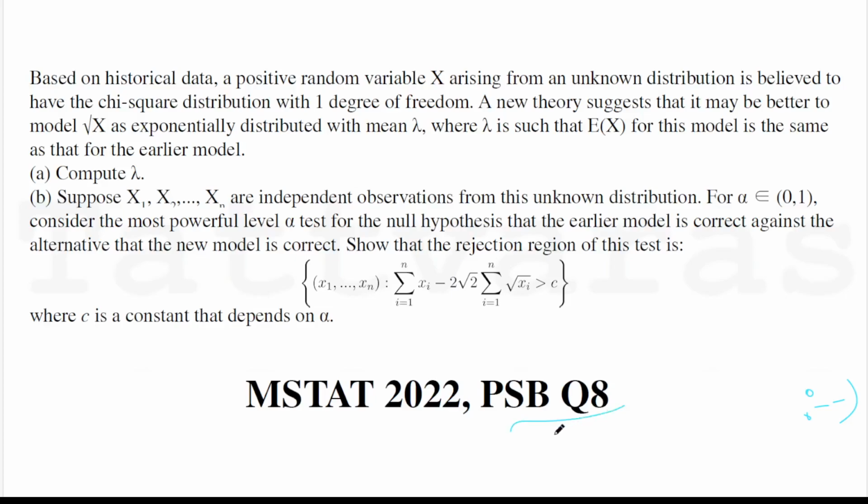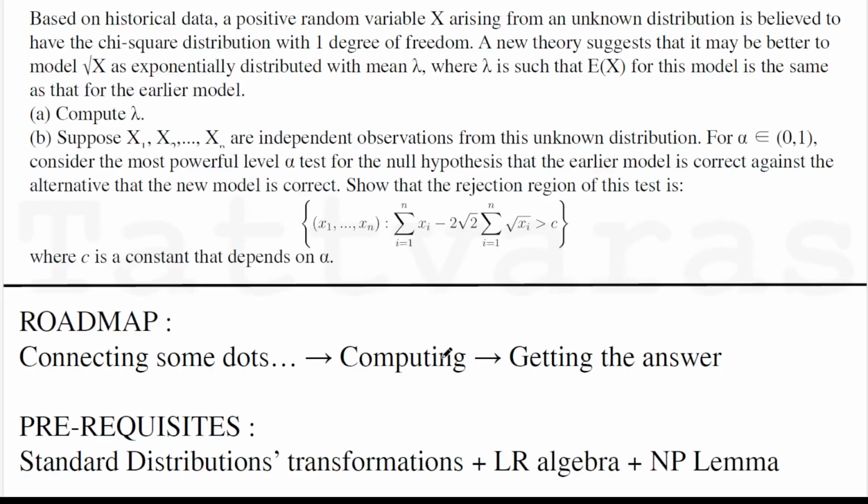Today we will solve the 8th question of ISI MSTAT 2022 PSB. And yes, from the look of it, it seems to be an inference-based question. It's interesting. You have historical data, which is represented by this distribution. Then there is a new theory, which is suggesting this distribution.